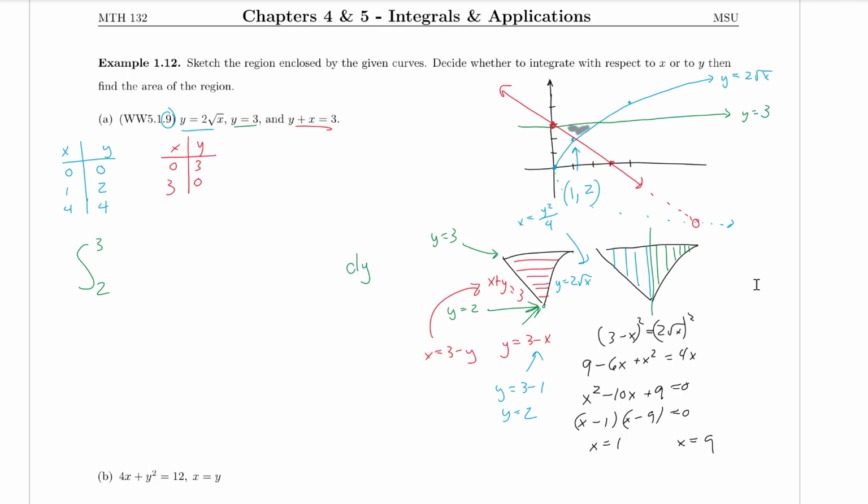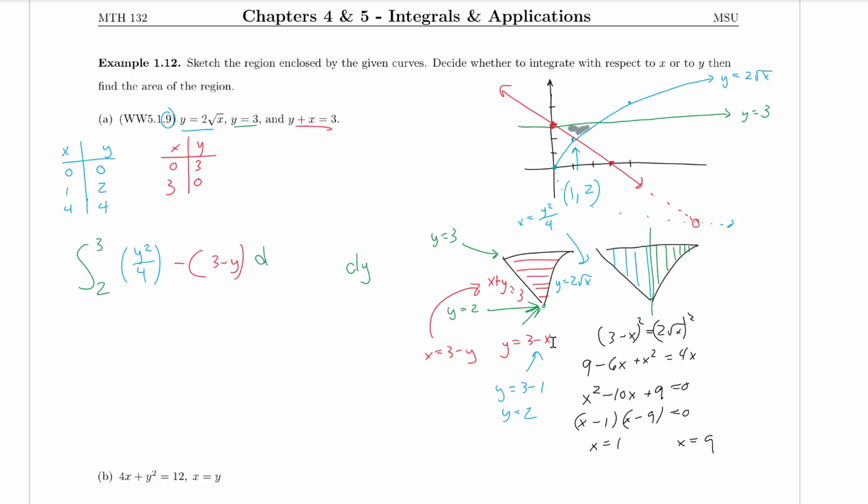So, since that y squared over 4 is the rightmost part of the function, we're going to have that be our first part. That is, when we're finding our distances, we're going to take the right-hand endpoint minus the left-hand endpoint, which is 3 minus y. And then we're doing our integral in terms of y, so we're going to finish it with a dy.